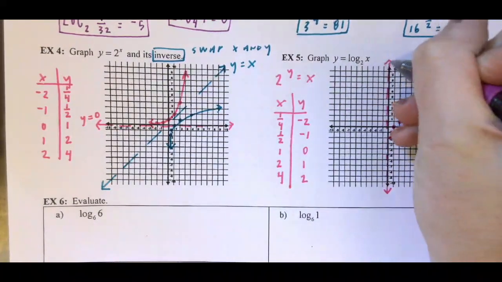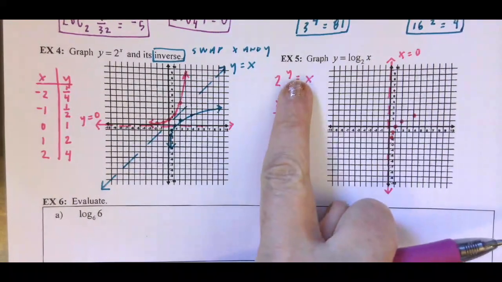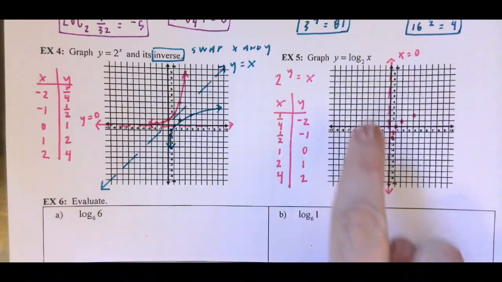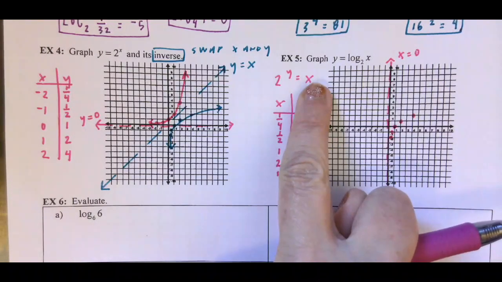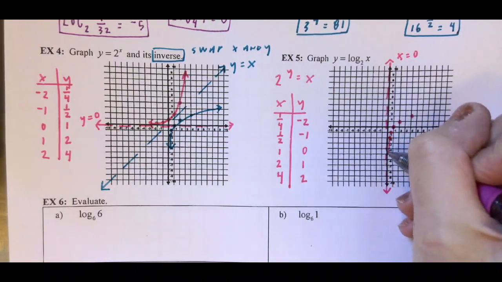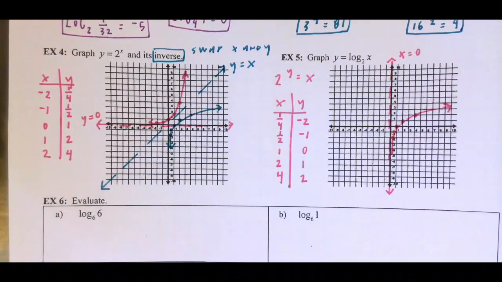For the same reason, right here, x equals 0. So no matter what we input for y, even if it's something that is really negative, way down here, it's never going to output a value for x that's 0, right? It will always be very close to it, but never quite 0. So there is my logarithmic function with a base 2.